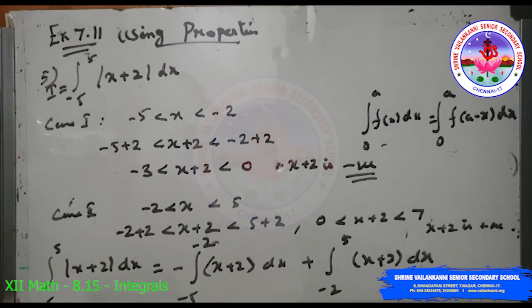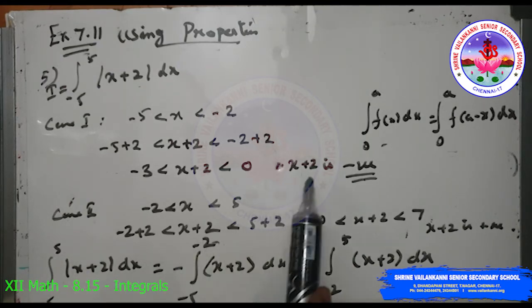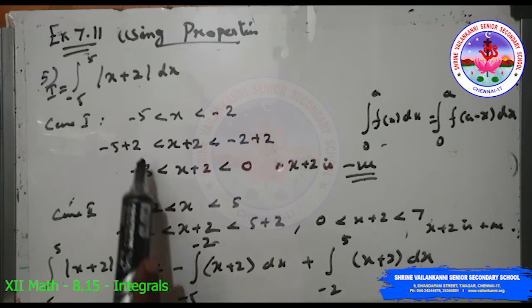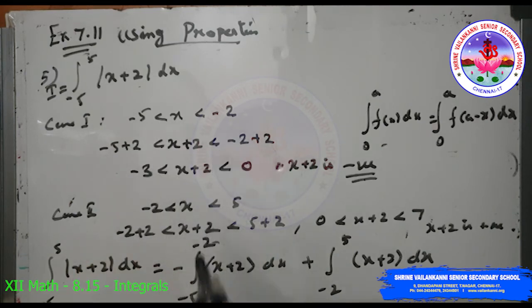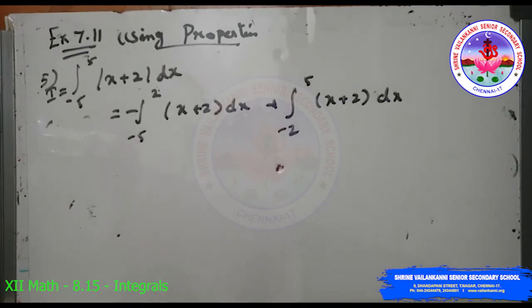Here the integral from minus 5 to 5 of modulus x plus 2 dx changes to, the first is negative, so minus of, and the limit is minus 5 to minus 2. So minus integral of minus 5 to minus 2 x plus 2 dx plus integral of minus 2 to 5 x plus 2 dx. Now we have to integrate this.